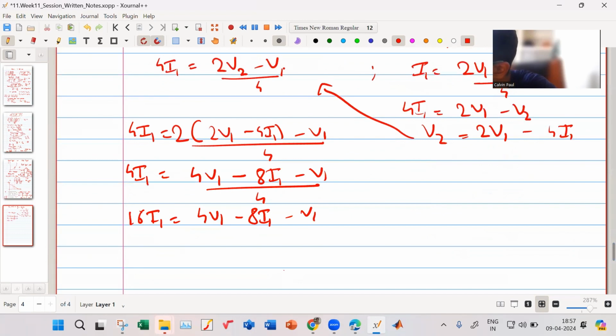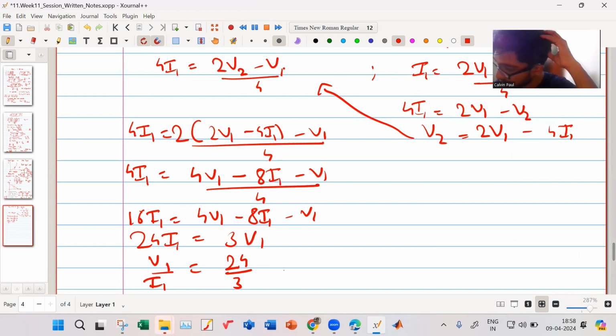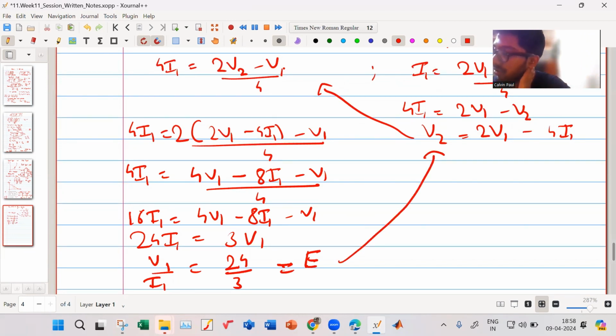That will be 24I1 equal to 3V1. So V1 upon I1 is equal to 24 upon 3, which is 8. Okay.